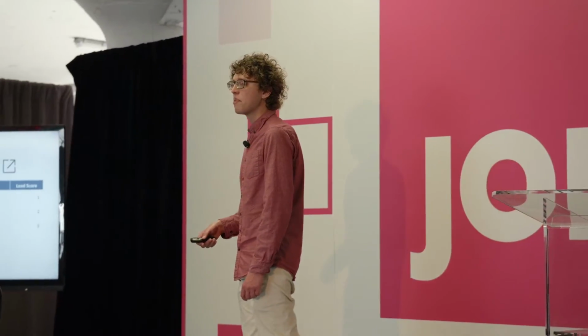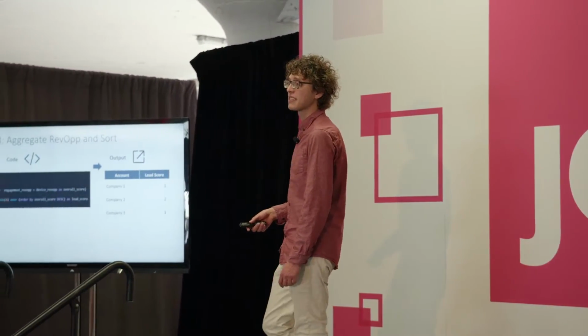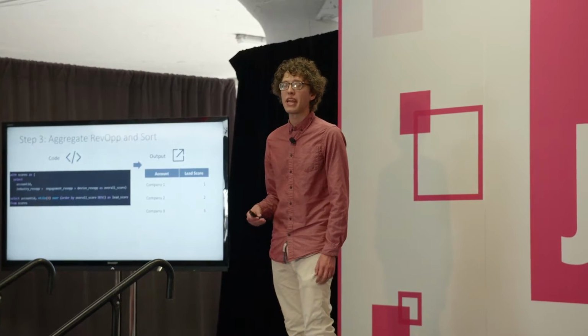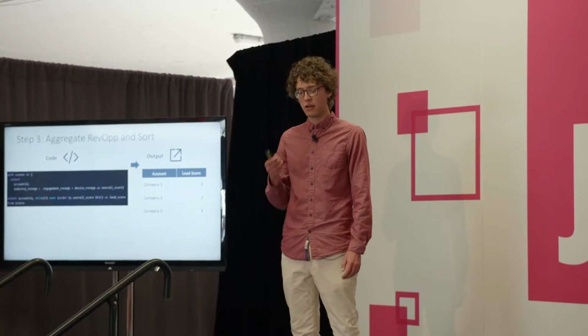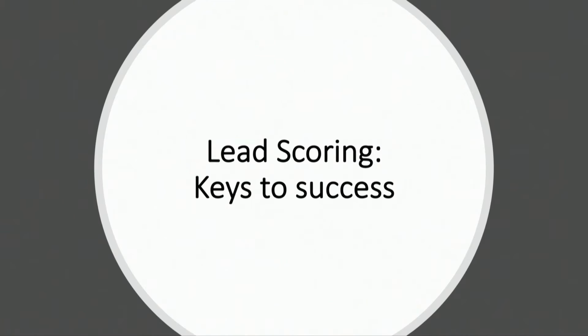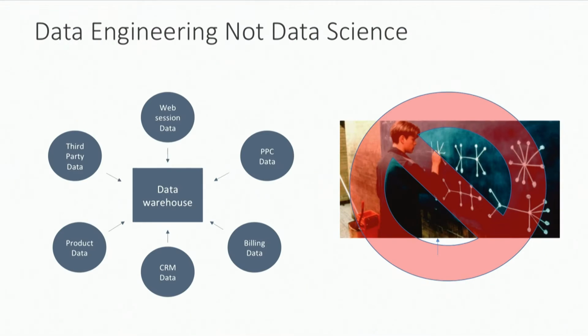And so to do that, let's take a look at a couple lead scoring keys to success, or things you can think about in your organization as you're implementing lead scoring. First up is data engineering, not data science. Look, we all want to use the deepest neural nets to have the coolest algorithms on the front page of Hacker News.